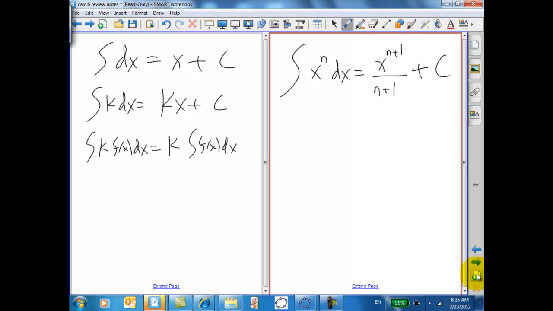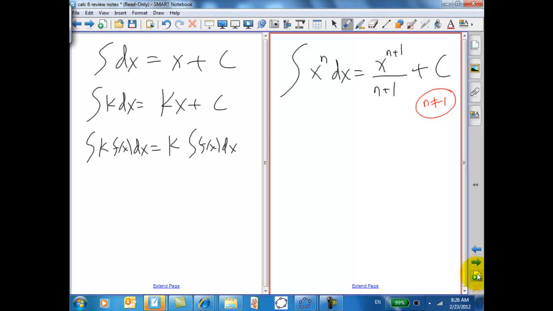Now watch it though. There's a fine codicil on this one: n cannot equal -1. So how do you do the integral of dx over x? That's what some of your groups are going to do under logarithm derivatives. It works out to be a very easy formula, but it's not covered in this group.